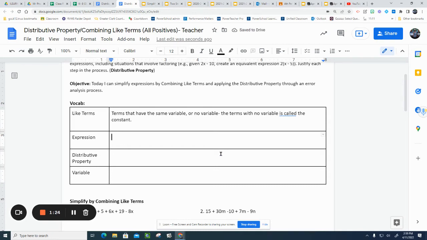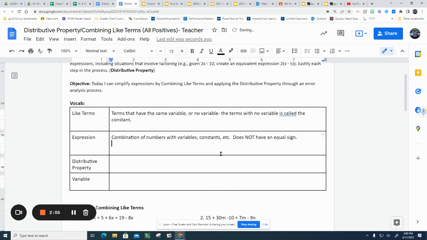But the thing that I look for is it's a list, a combination of numbers with variables, constants, etc. It does not have an equal sign.